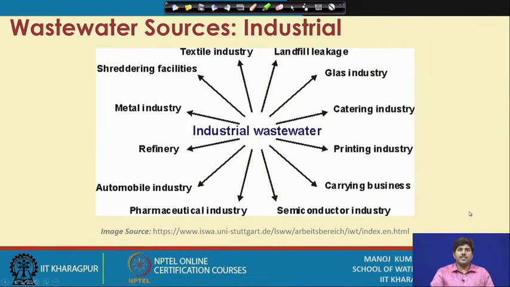Then we have industrial wastewater. Industrial wastewater, of course, will depend on the type of industry, as we were discussing earlier also. So, we can have several types of industries: textile industries, gas industry, catering industry, printing industry, tanneries, pharmaceuticals, pesticides, fertilizer industry, automobile industry.